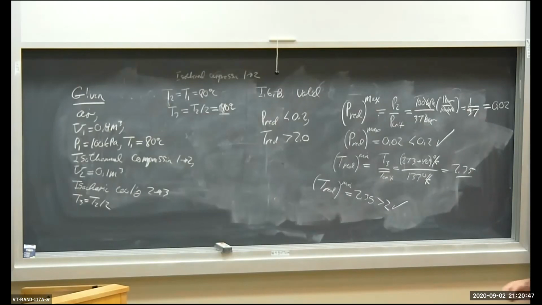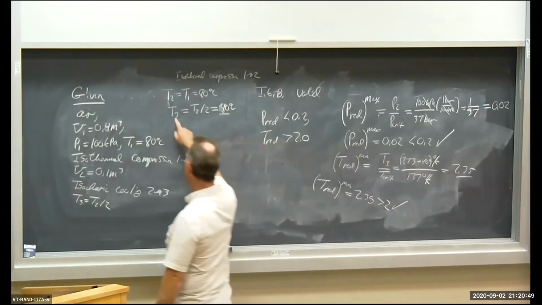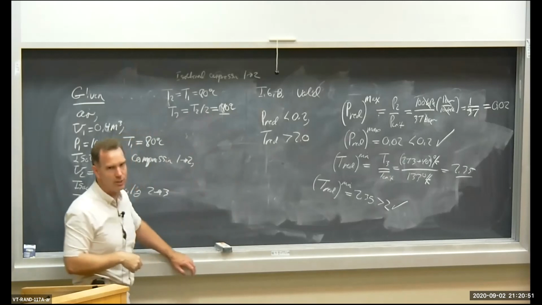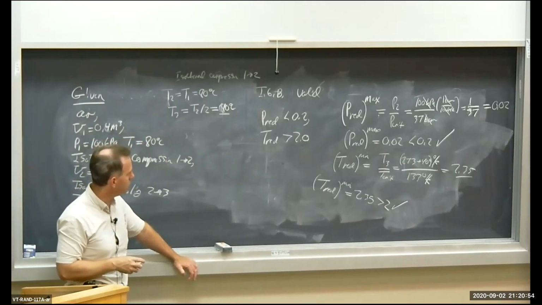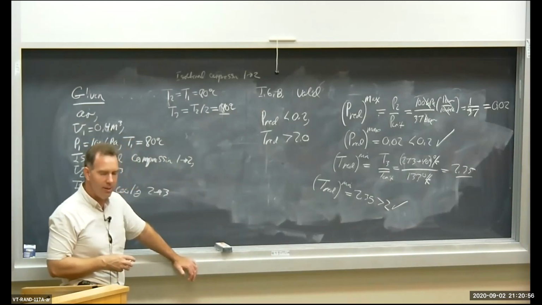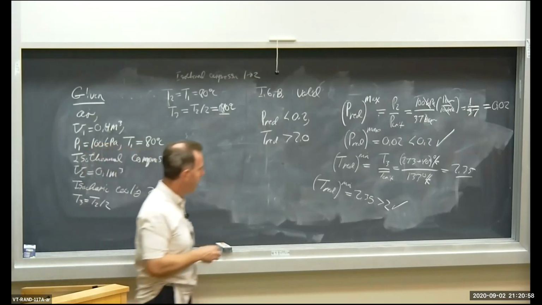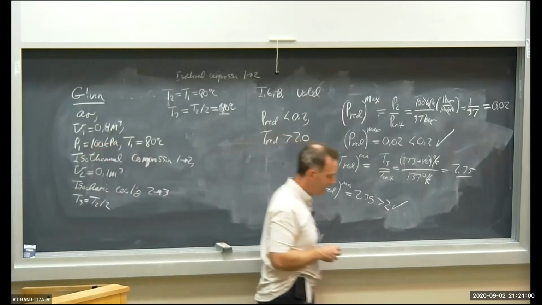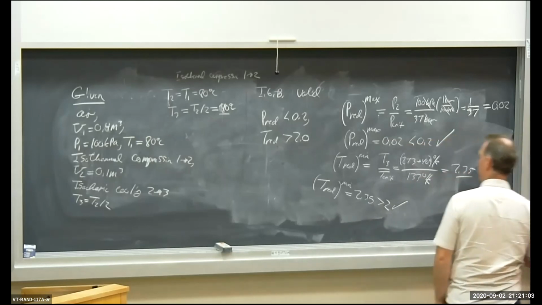So I'm going to interpret this as T3 is half of T2 when I'm measuring it in centigrade. That's how I'm going to interpret it. In any event, reduced temperature and pressure criteria are met, and the ideal gas law is valid.